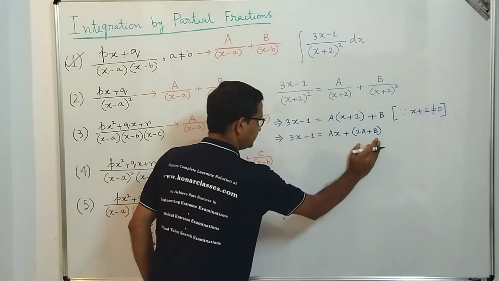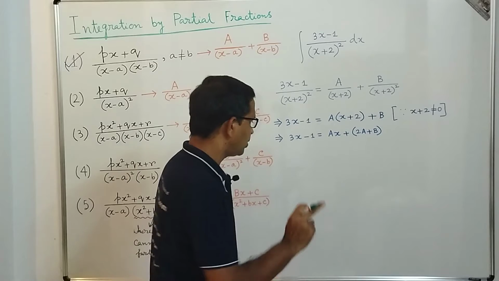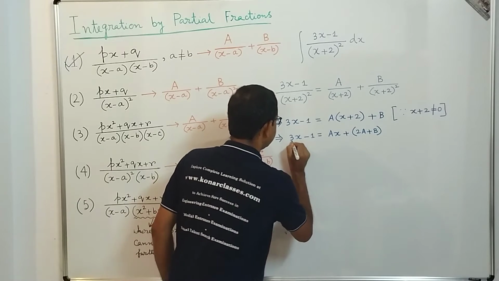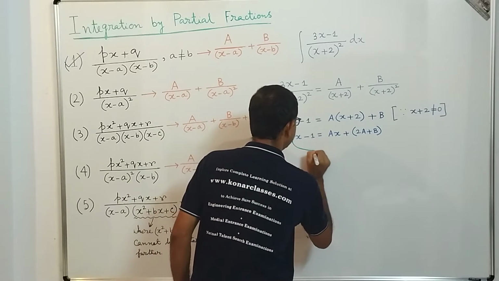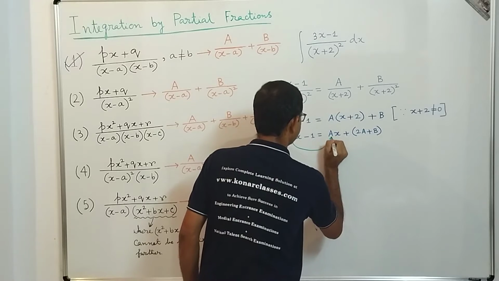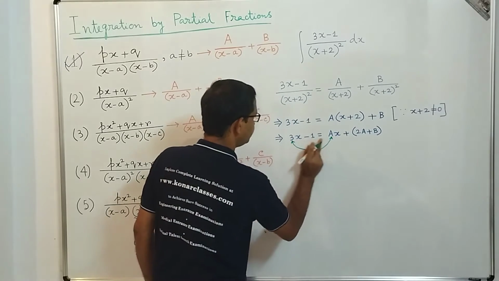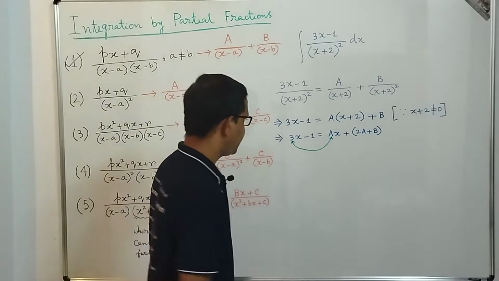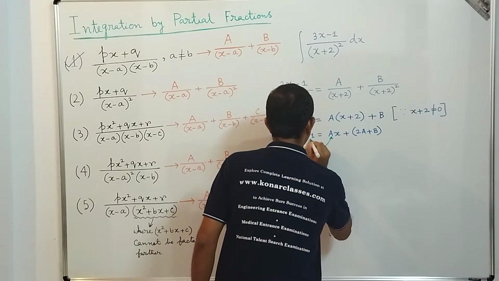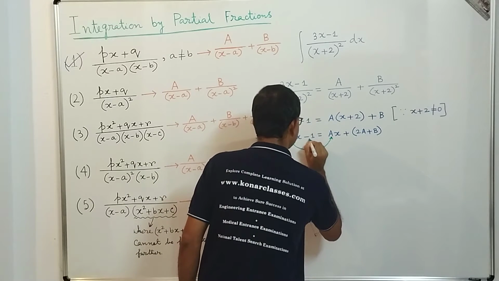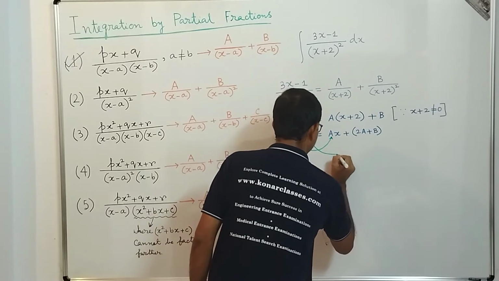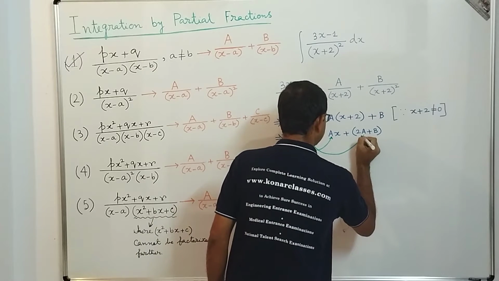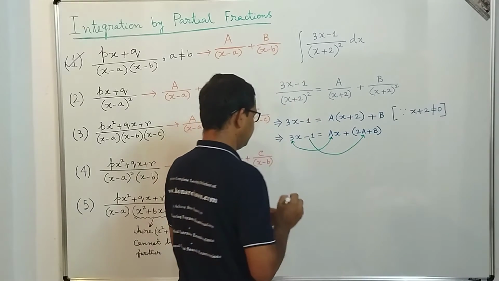In an identity, the coefficient of x in the left hand side should be equal to the coefficient of x in the right hand side. That means 3 should be equal to A. Also the constant term in the left hand side, that is minus 1, should be equal to the constant term in the right hand side, that is 2A plus B.